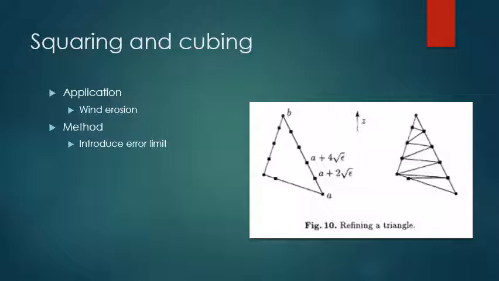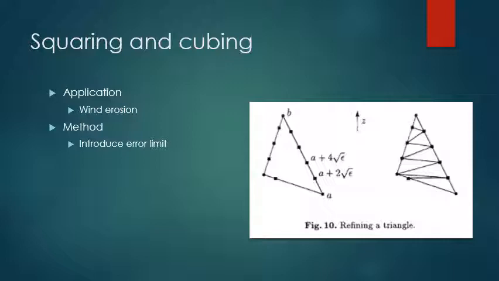If one considers a digital terrain model, but instead of considering elevation values at each point, one considers wind velocity as the value. Particles on the Earth's surface can be lifted and transported due to wind erosion, and the lift capacity varies with the square of wind velocity, whilst the transportation capacity varies with the cube of wind velocity.